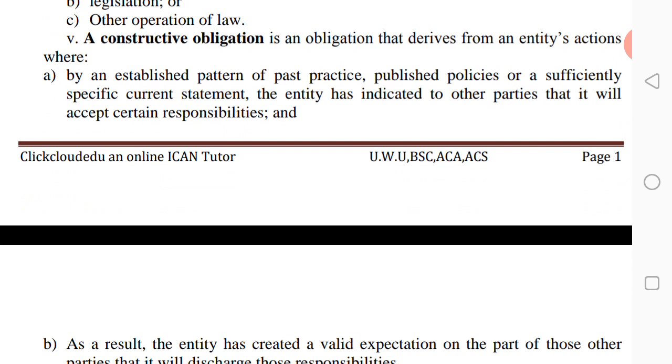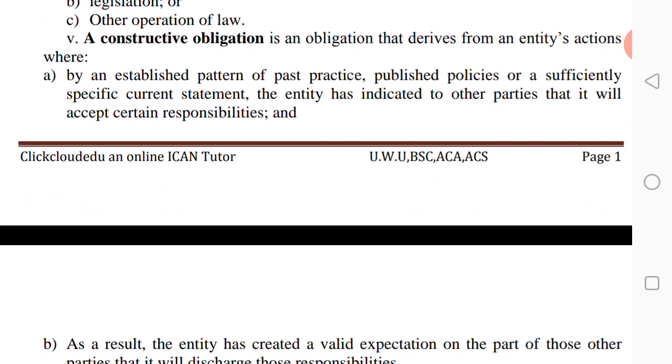So when you say it's a constructive obligation, you've already given information to the public that you will pay a particular amount as dividend, or you will fulfill something.